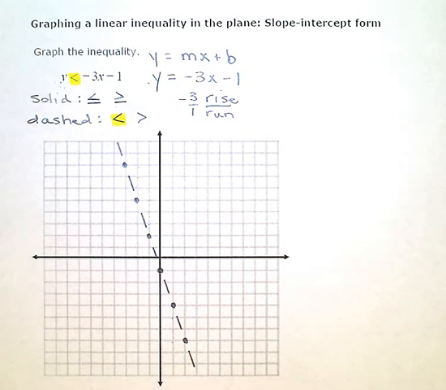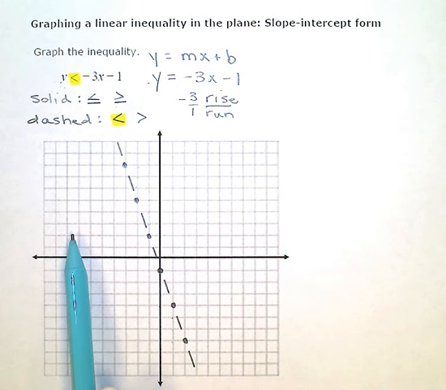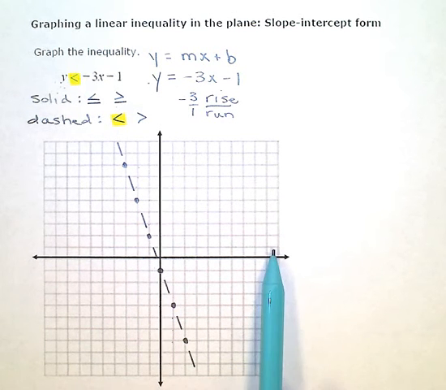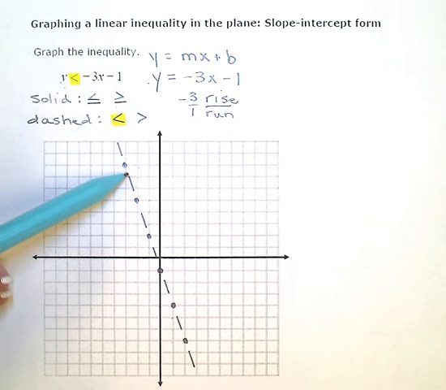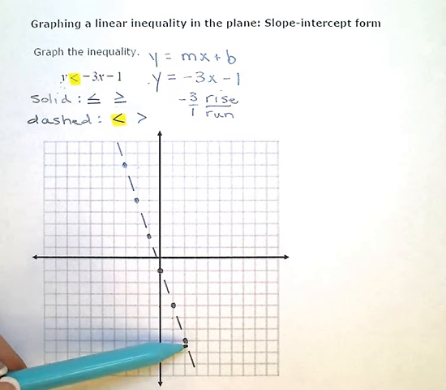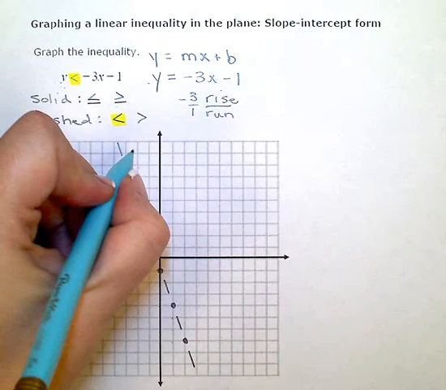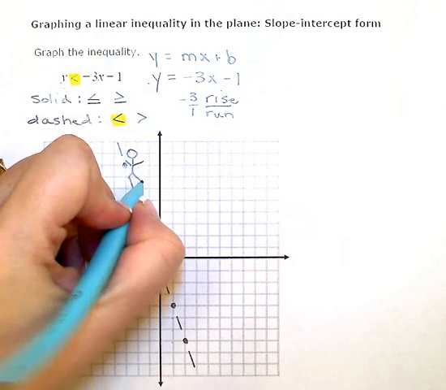Now I need to decide which side of this line I'm going to shade, to the left or to the right in the coordinate plane. The way I like to remember this is if you think of this line, since it's a slanted line, as a mountain or a hillside, and you picture yourself standing on this hillside.